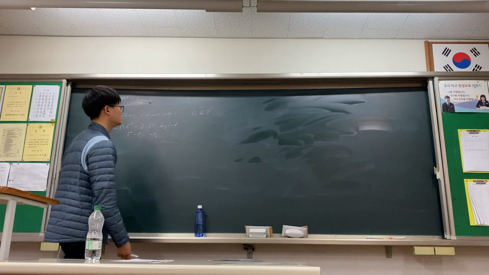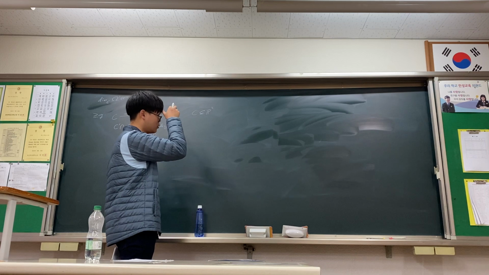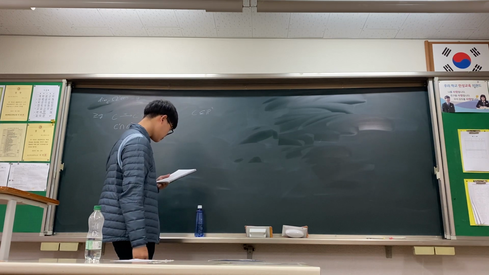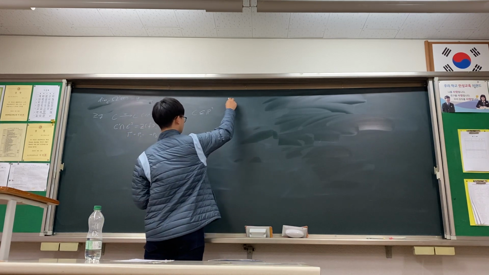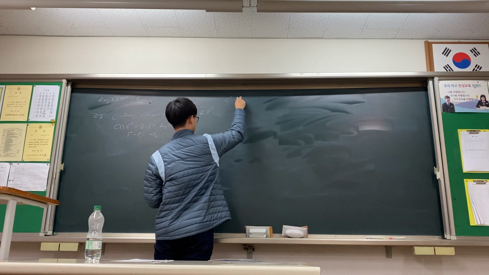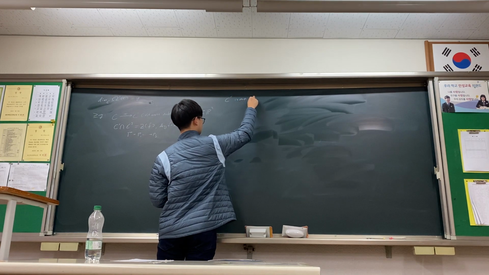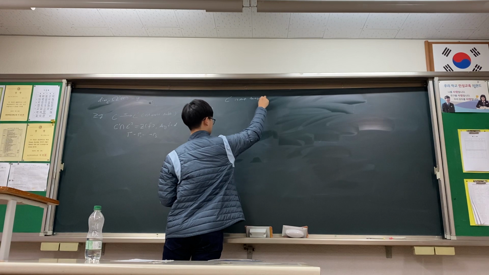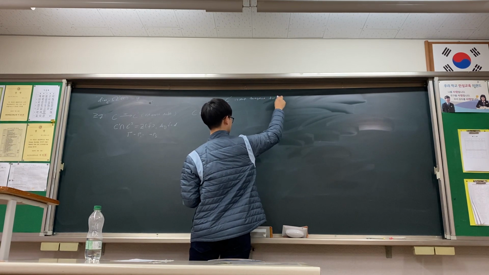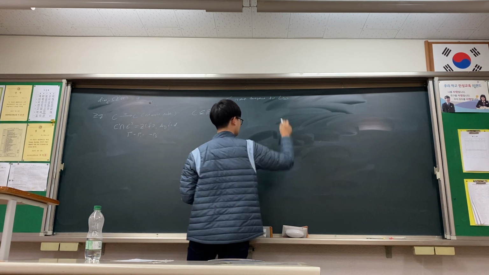Oh, and we also have to assume the canonical orientation. So canonical orientation is: C prime is not tangent to L infinite.